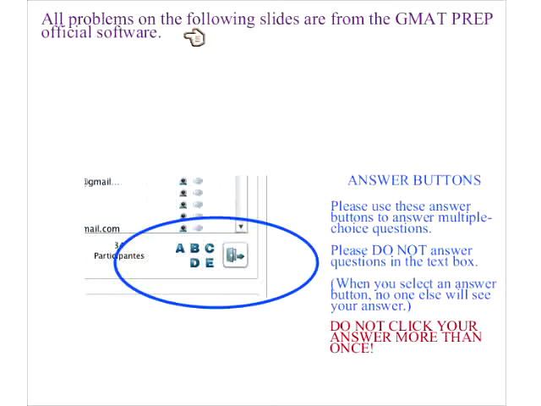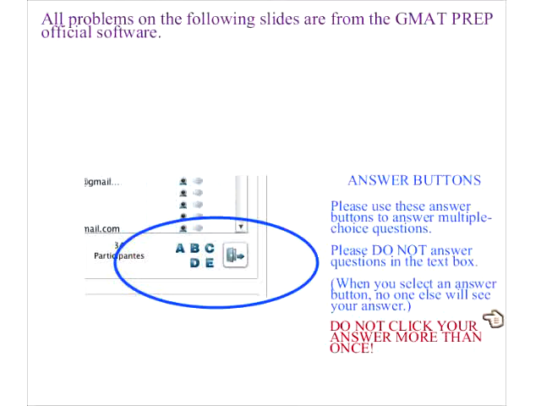Okay, when you answer the problems, please use the answer buttons. You should see those appear right now. You should see them underneath the window with all the names in it. When you click those, people will not see what you clicked. Please do not click 2 times.